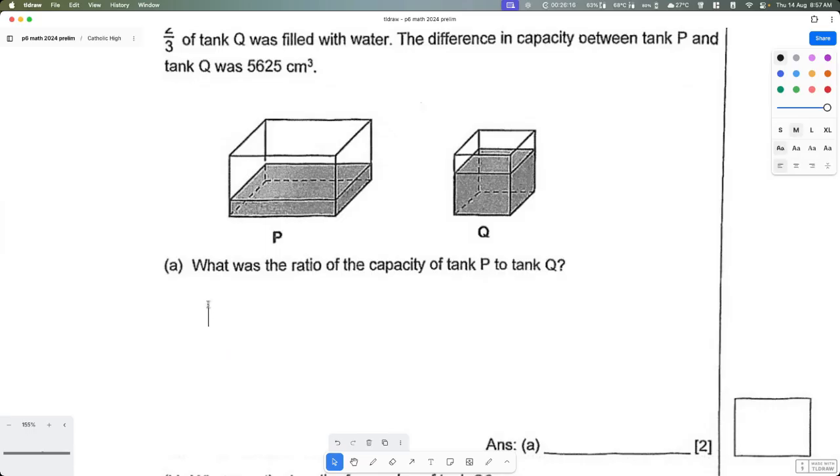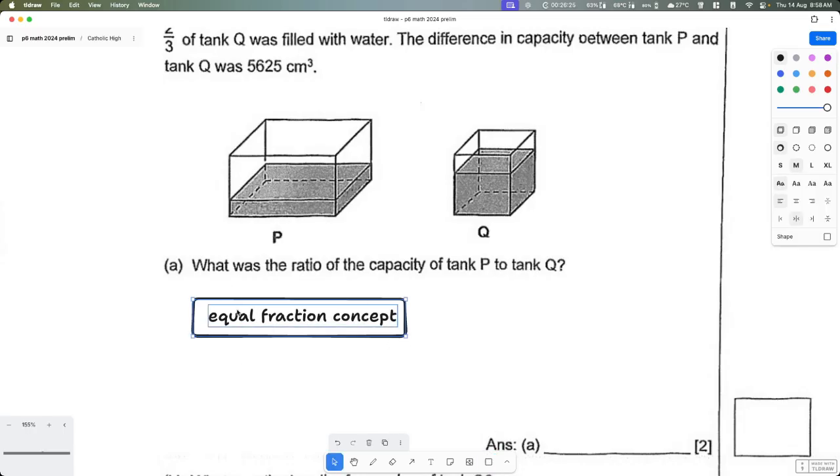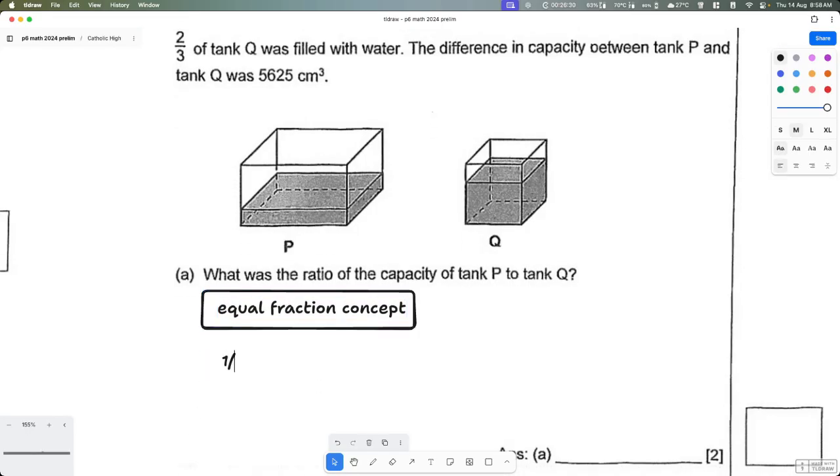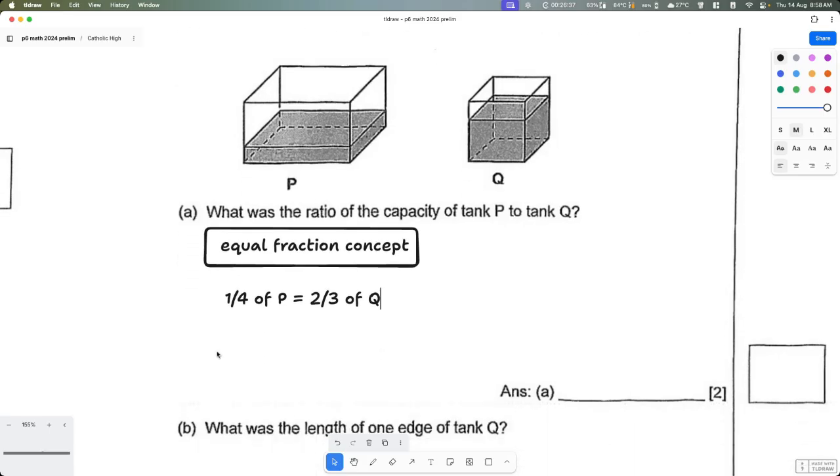This is what I call the equal fraction concept or same fraction concept. What this means is that one quarter of P is equal to two-thirds of Q. Step one, make the numerators the same.